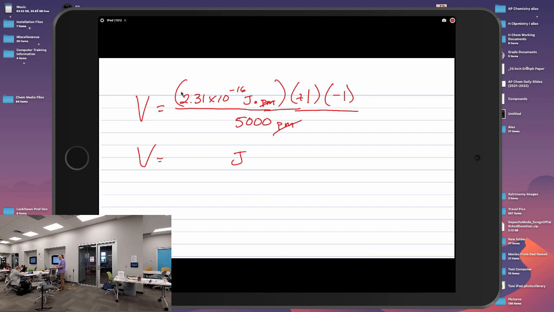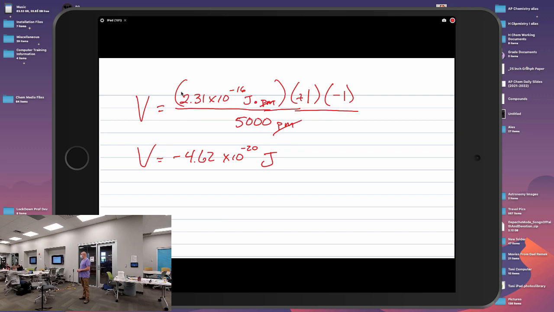Okay, so you end up with negative, what is it, 4.26? What is it? 6.2? Yeah. Times 10 to the negative 20. Which is what of V?